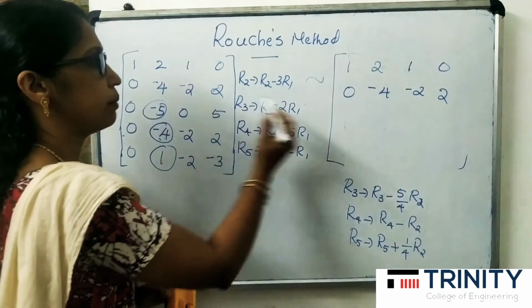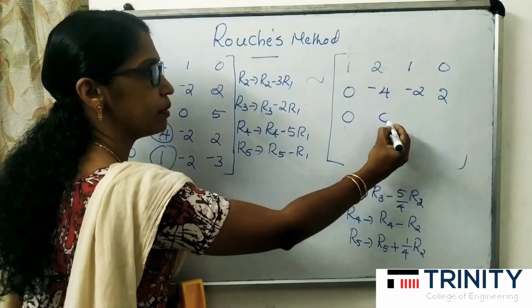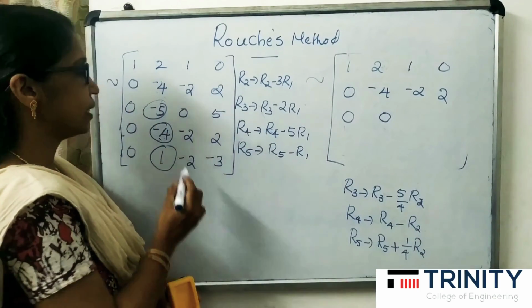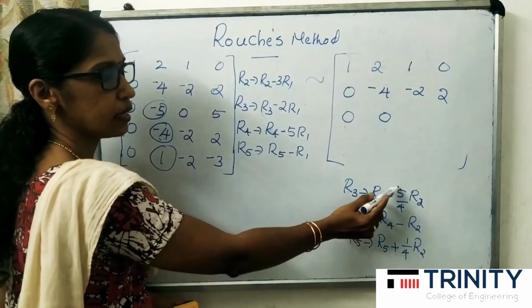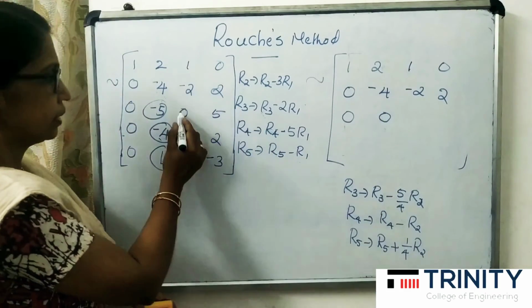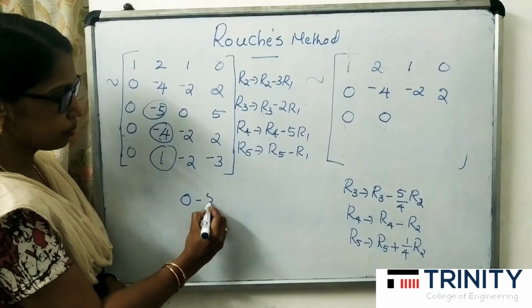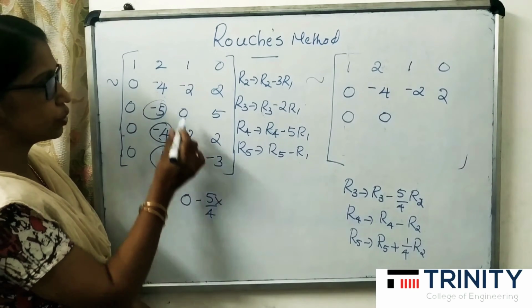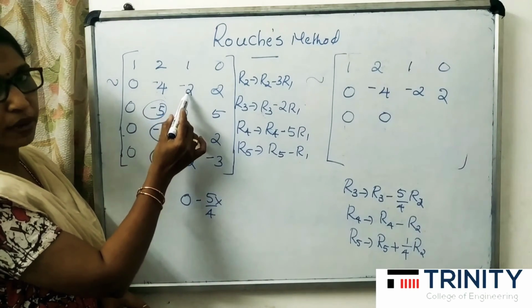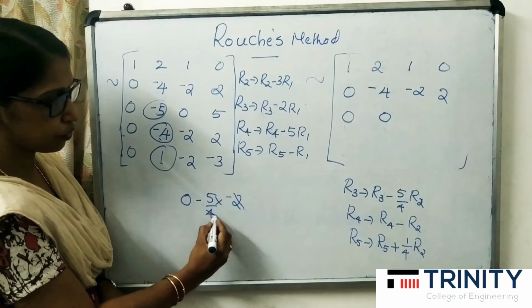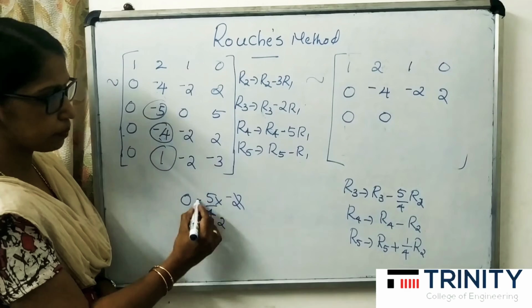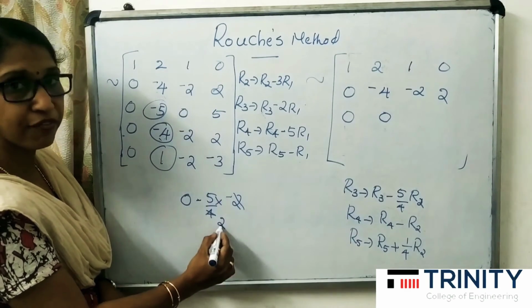So this element is 0 and this element becomes 0 by this transformation. And here, 0 minus, what is the transformation? R3 minus 5 by 4 R2. Here it is 0. 0 minus 5 by 4 into this element, which is minus 2. Minus into minus is plus, so the element becomes 5 by 2.